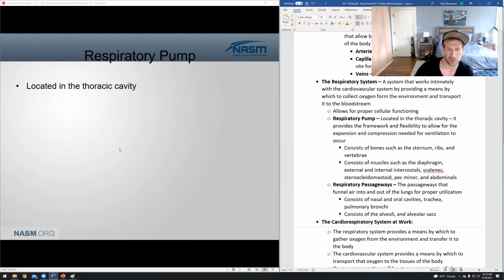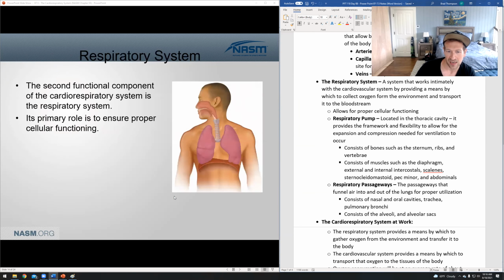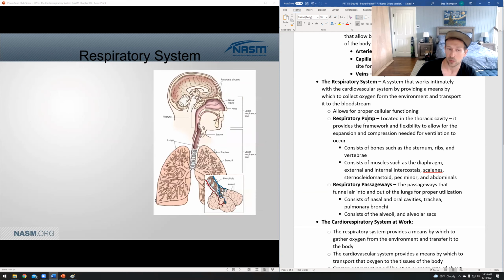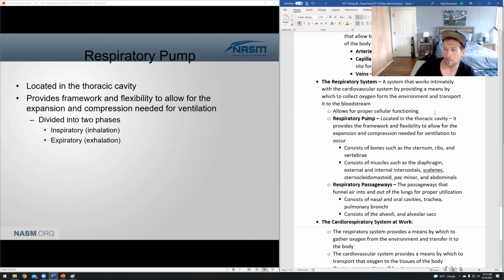One is your respiratory pump. Your respiratory pump is located in the thoracic cavity. You can see that right here. That's the diaphragm. And then it would be your rib cage and the intercostal muscles and things like that. It provides the framework and the flexibility to allow for the expansion and compression, which allows ventilation, moving of gas, to occur.